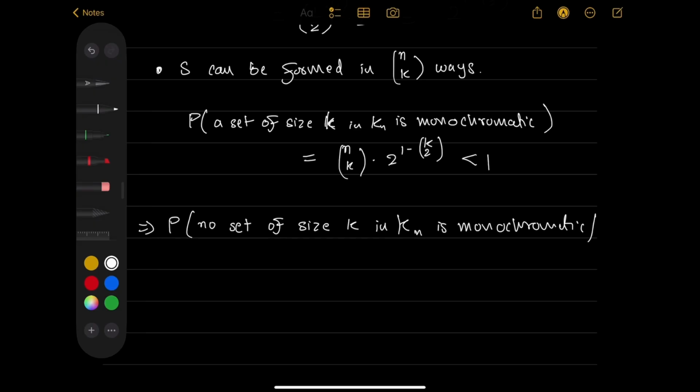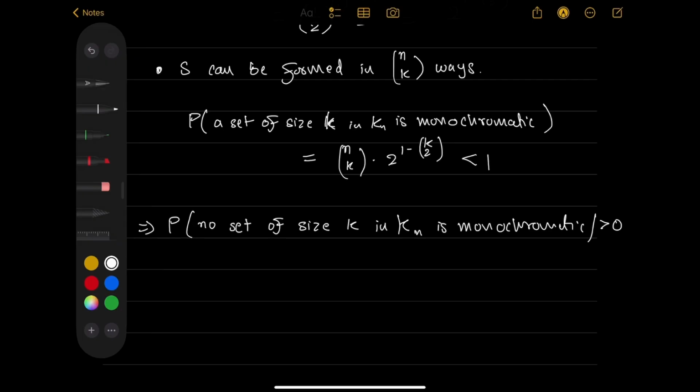So that means in our sample space there exists a 2-coloring of the edges of Kn so that we don't have a monochromatic set of size k. We don't have a red Kk or a blue Kk.